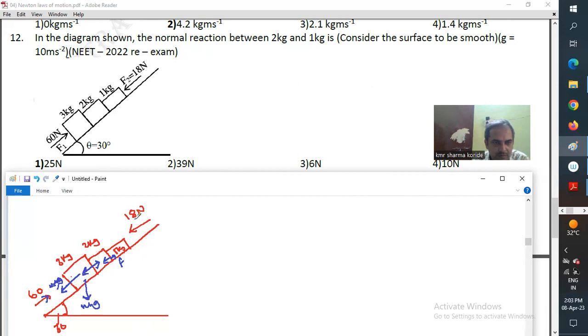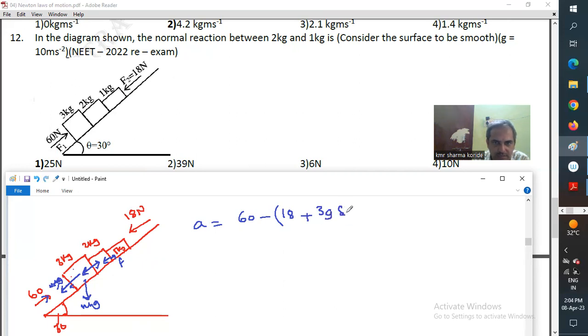First, the acceleration of all the bodies. Now 60 is opposed by 18. So opposition in combination plus 3mg. So 3 kg is already given.